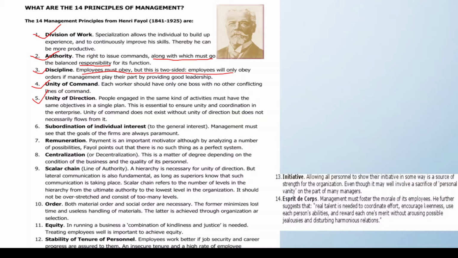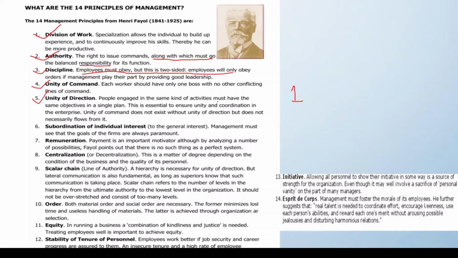Unity of direction. People engaged in the same kind of activities must have the same objectives in a single plan. If we are working on, say, project 1, all the people engaged in project 1 activities must have the same objective in the same single plan.